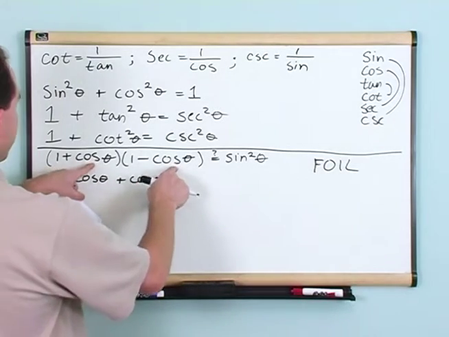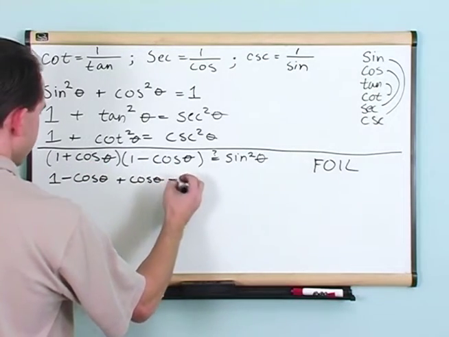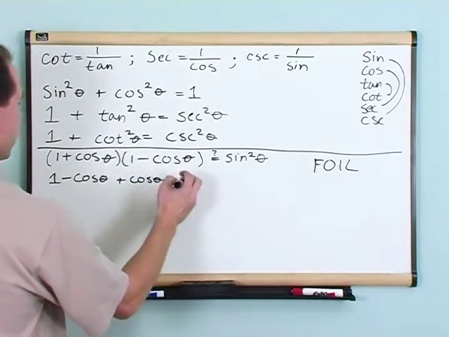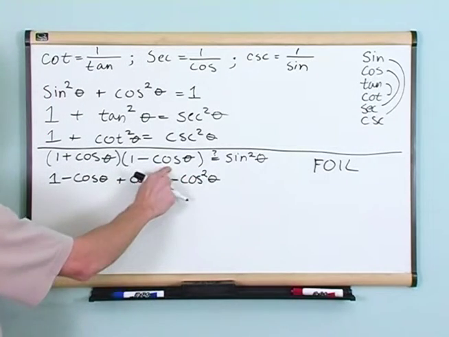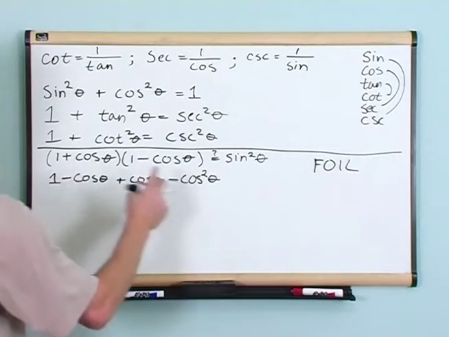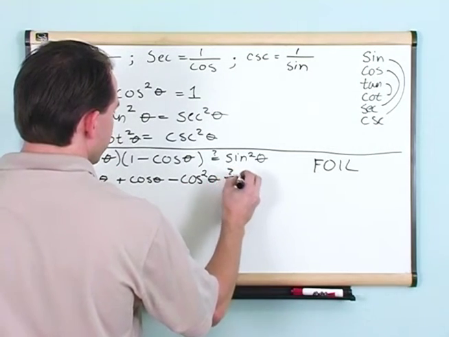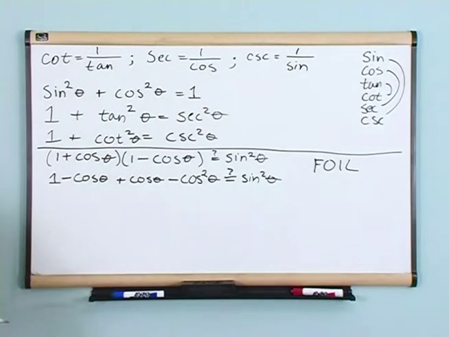And then the last terms is a positive cosine theta times a negative cosine theta, which gives me a negative, because negative times positive is negative, cosine squared theta, because cosine times cosine gives me cosine squared. Negative sign comes from the signs here. And I'm asking myself, is this equal to sine squared theta? Okay.